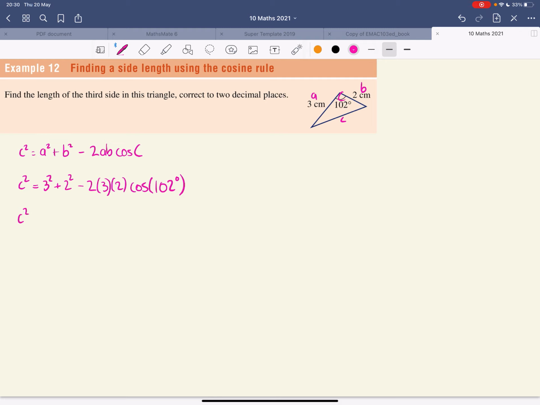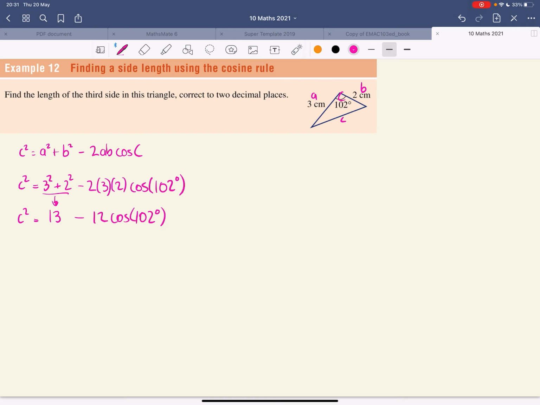Let's keep going. 3 squared, 9, plus 4 is 13. So that part is done. Minus 2 times 3 is 6, times 2 is 12. That's going to be minus 12 cos 102 degrees.